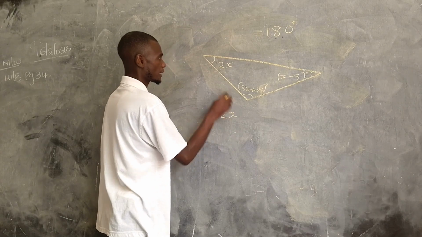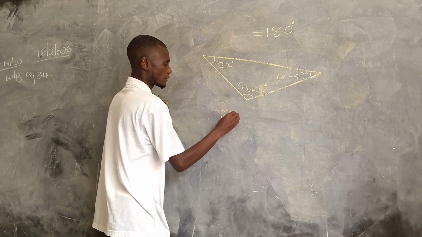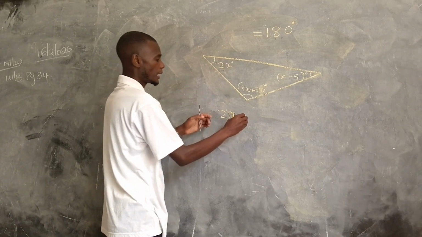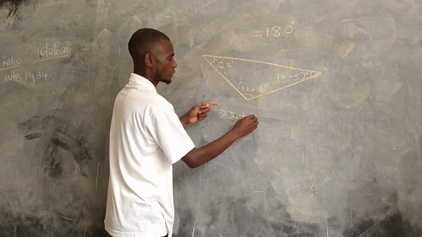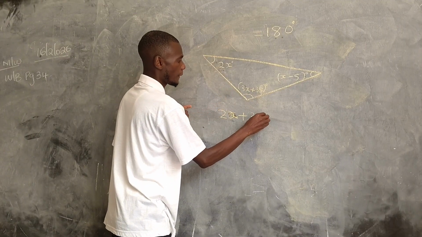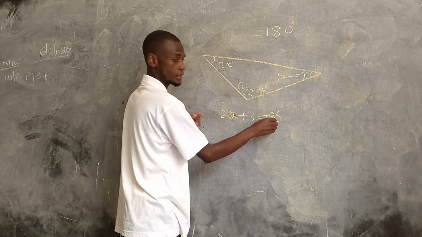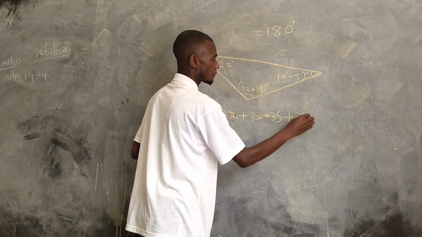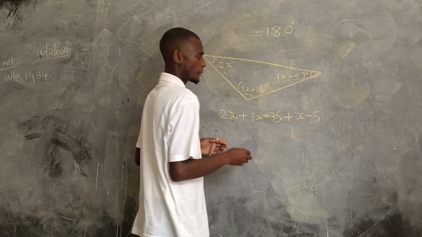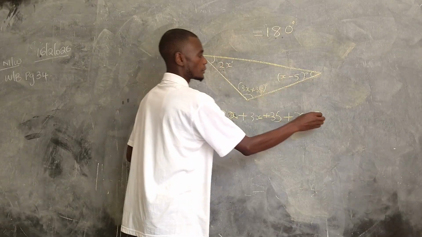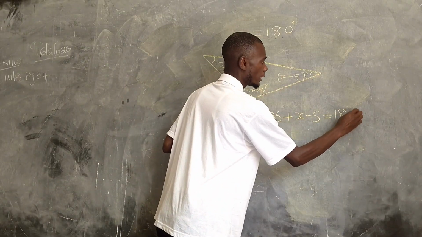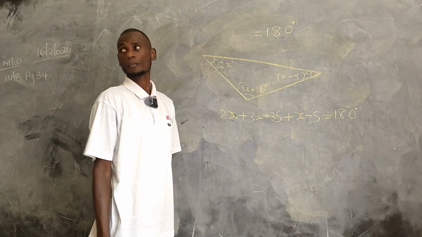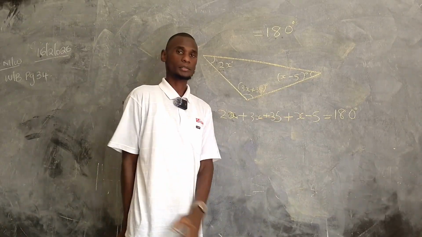That is 2x degrees, this angle, plus this angle here, which is 3x plus 35 degrees, plus this last angle, which is x minus 5 degrees. If I add all of them, I'm supposed to get 180 degrees. So we have that equation.